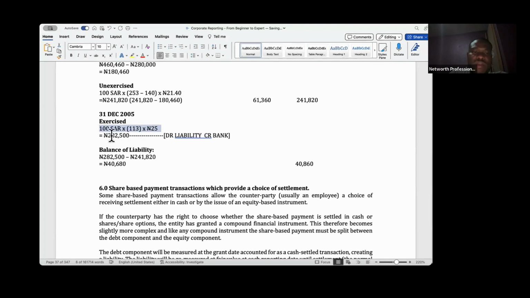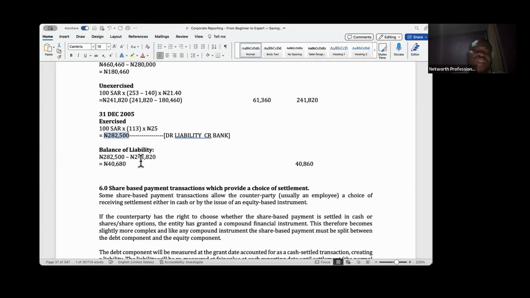If you do your maths, it gives you 282,500, which means that I'm actually going to pay this. So I debit my liability, credit my bank. My liability I thought was 241,820, but what I actually have to pay is 282,500.